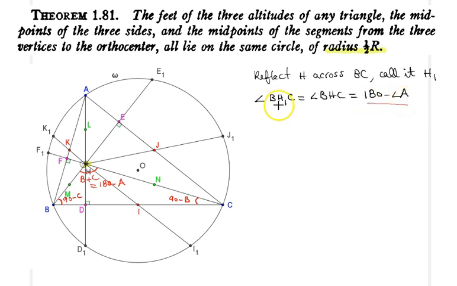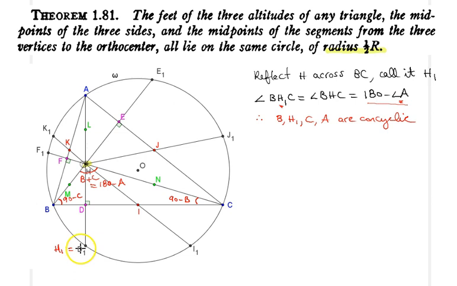However, now we observe that angle BH1C and A are supplementary angles. Therefore, we can say that points B, H1, C, and A are concyclic. But then this immediately implies that H1 is the same as D1.